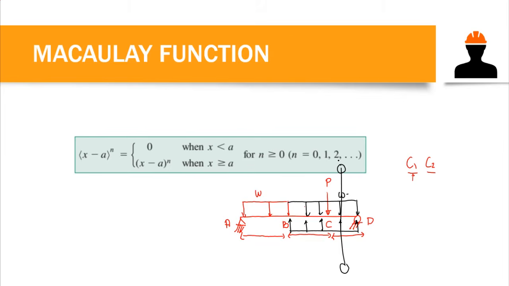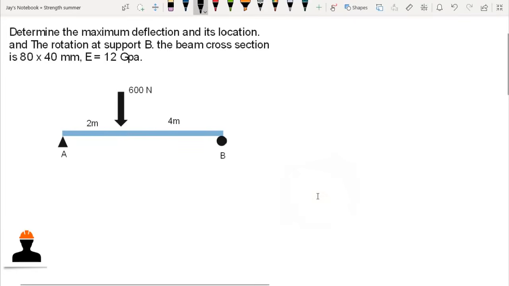So that's how the Macaulay method is very helpful in dealing with a discontinuous beam. Let's try to solve a problem and apply the concept of double integration. We have an example here.